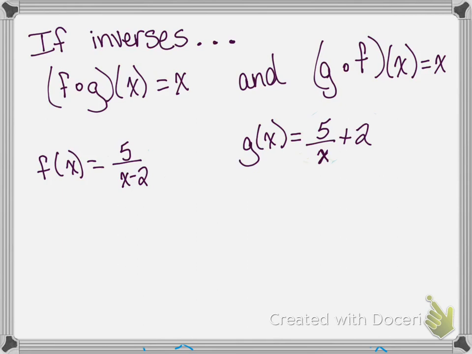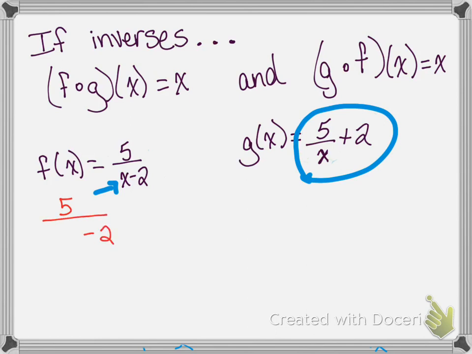Now, the algebra on these gets a little bit complicated. What I'm going to do first is take g and plug it in for that x right there. Do you see that? So what that looks like is f of 5x plus 2.